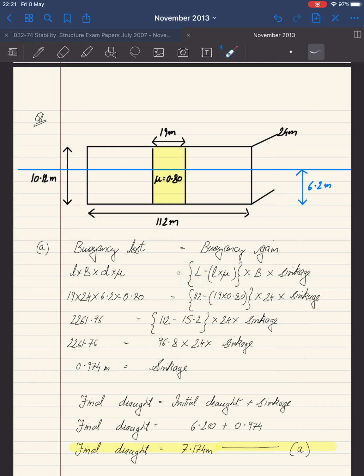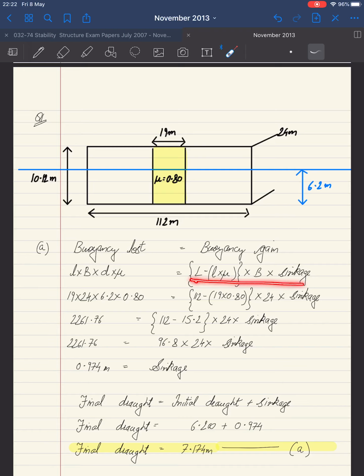So buoyancy gain would be equal to the length which is taken into consideration after permeability is considered, this is the breadth of the vessel, and multiplied by the sinkage. When we fill in the values, the length of the compartment was 19 meters, which was filled here. The breadth of the vessel was 24 meters, which has been filled here. The draft of the vessel was 6.2 meters, which has been filled here. The permeability of the compartment is 0.80, which comes here.